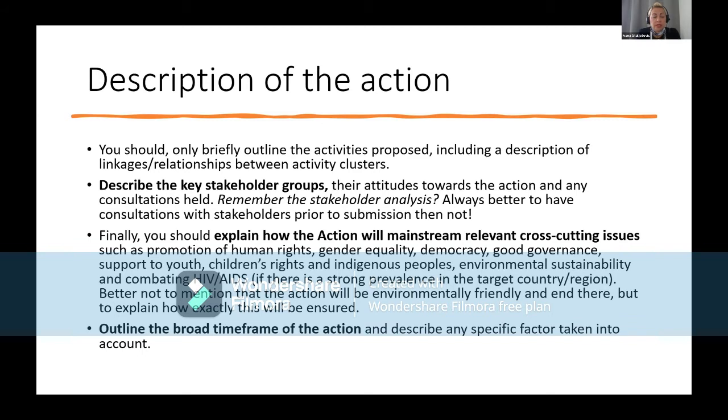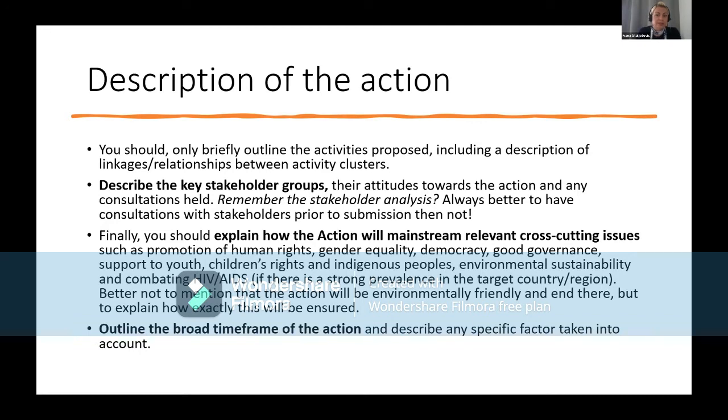You should also describe their attitudes towards the action and if you have held any consultations with them. So probably you remember from yesterday that it is crucial to do a stakeholder analysis. These are the individuals and groups which you can influence, positively or negatively, by your proposed action, or who can influence your action.